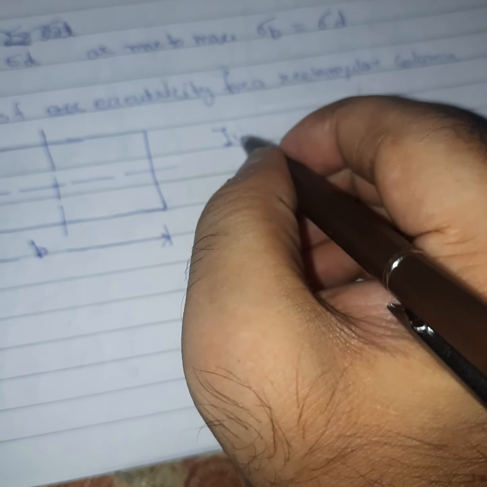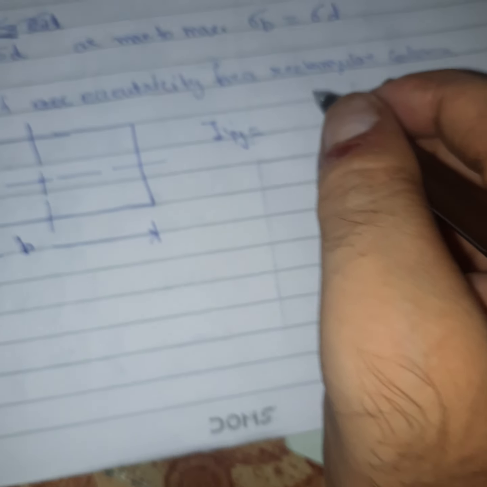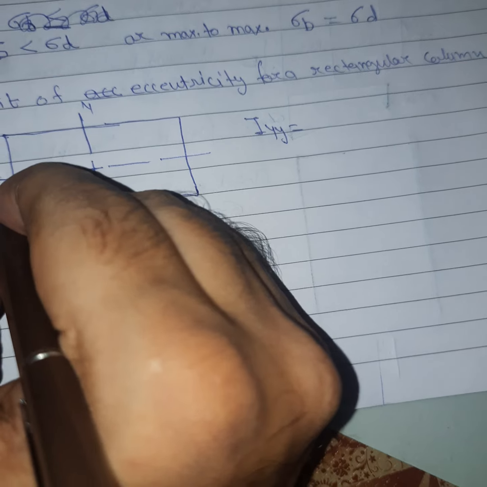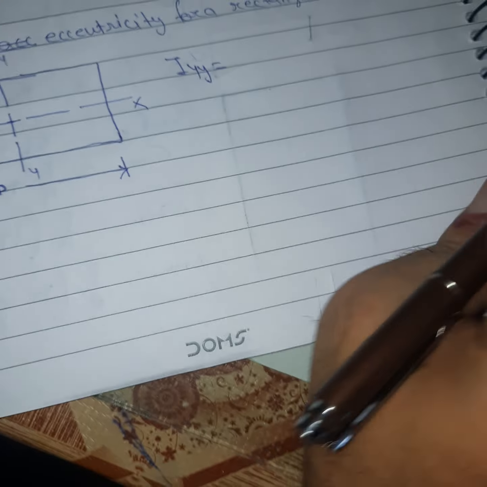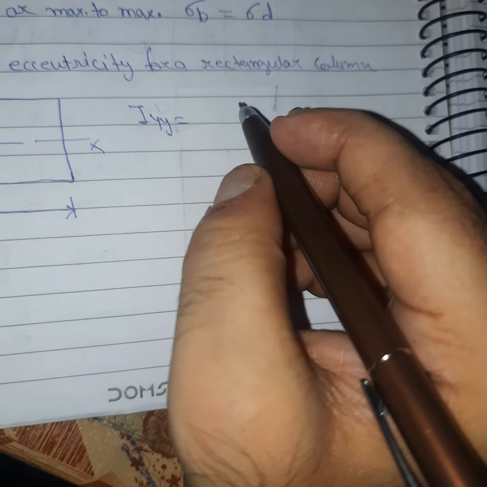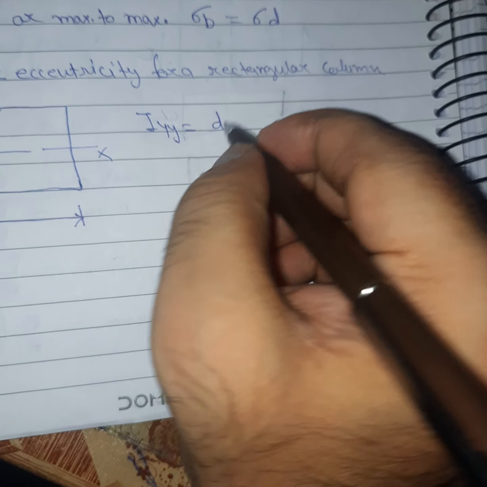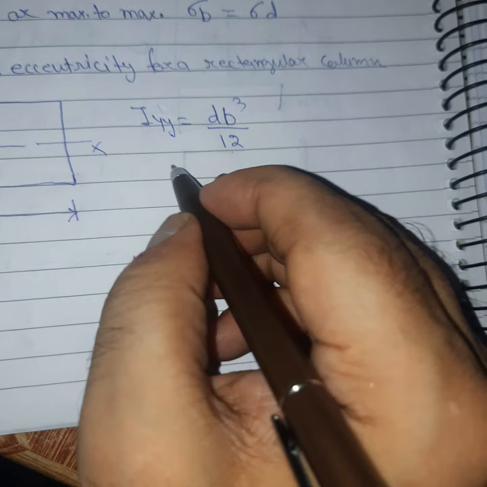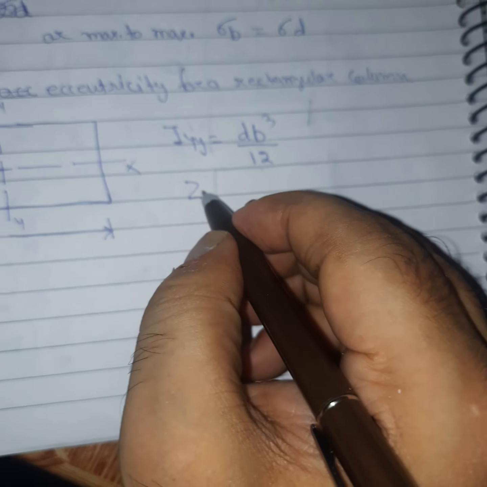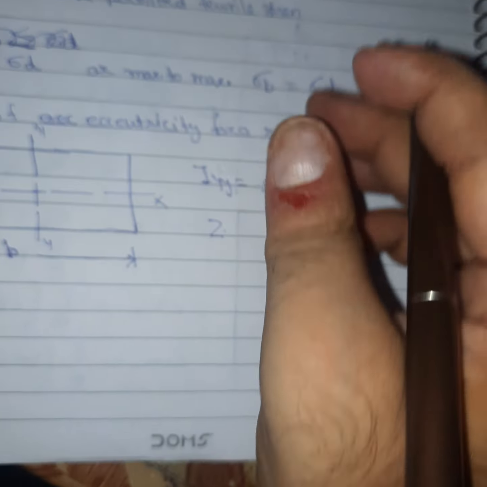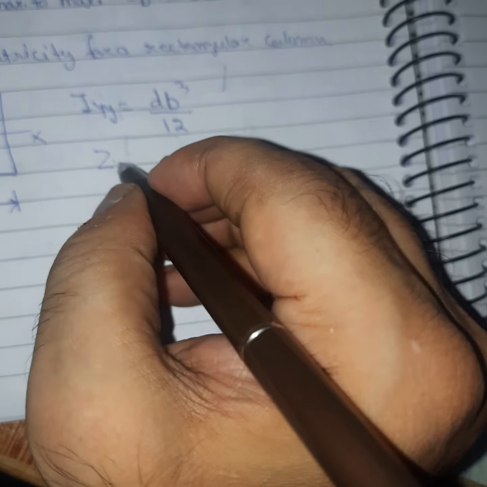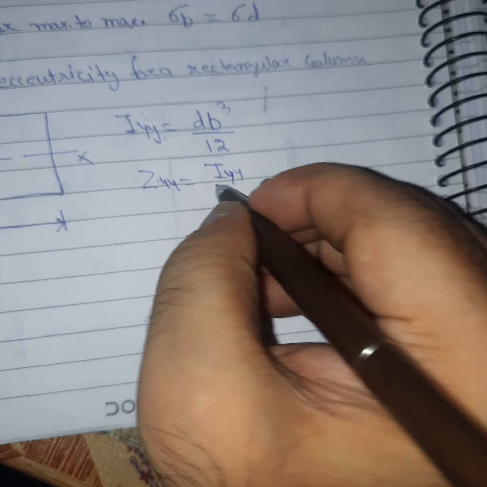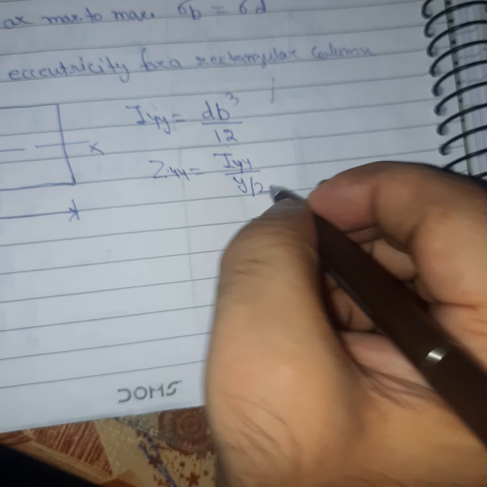So firstly we will calculate the Iyy for this section, which would be d b cubed by 12, and the section modulus for the same would be Iyy upon y max.